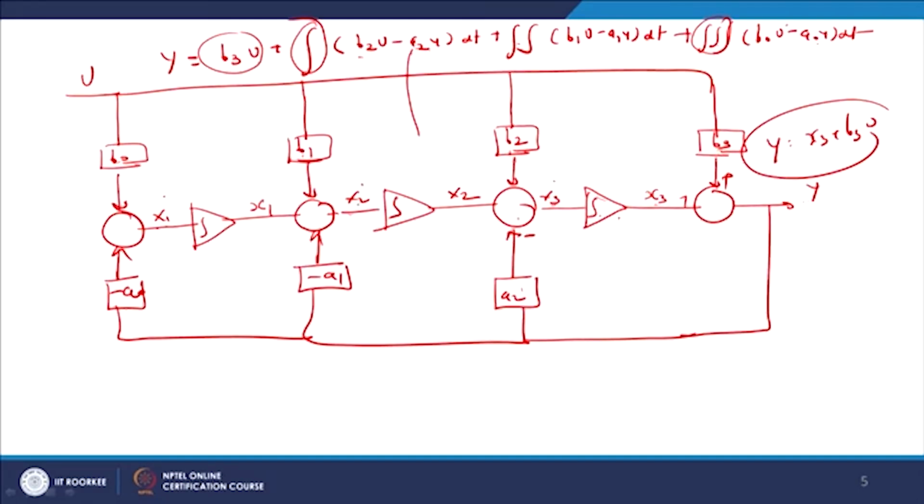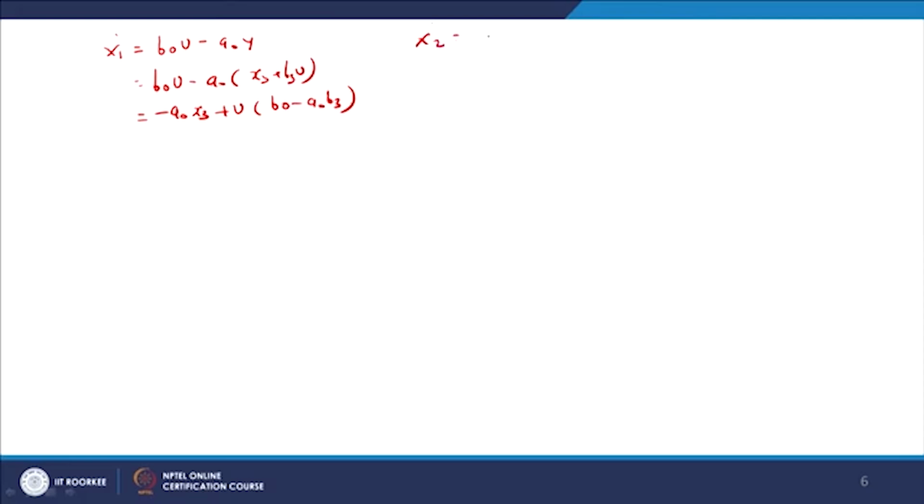Now coming to the second equation. Now what is x2 dot? x2 dot equals b1 into u plus, in bracket, minus a1 into y, plus x1. So we write x2 dot equals x1 plus b1 into u minus a1 into y, where y is x3 plus b3 into u.